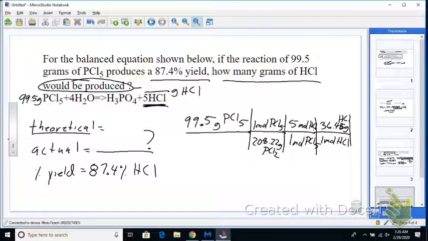This is the theoretical, which seems like we're always calculating at some point, doing the mass to mass. And our answer is 87.1 grams. Remember, theoretical is always going to be bigger than your actual. So 87.11 grams is the theoretical.